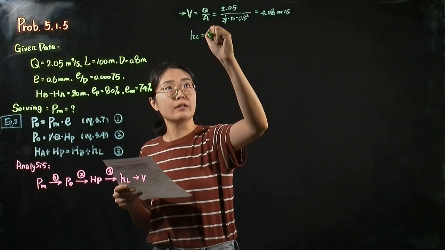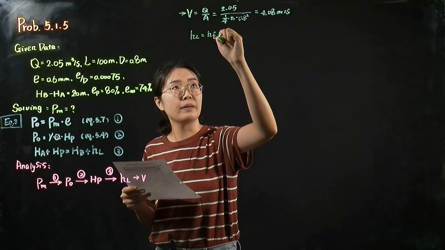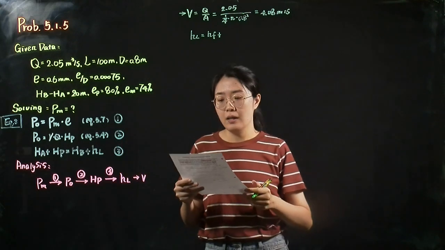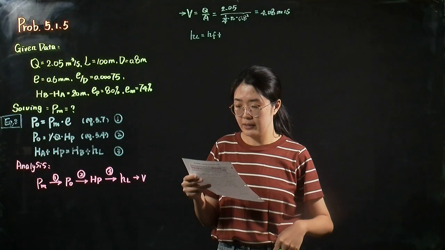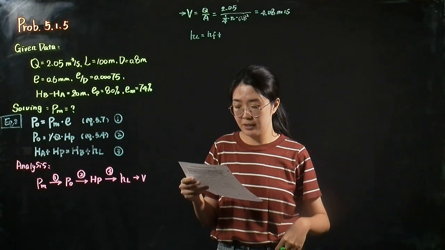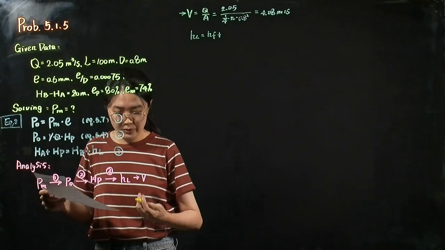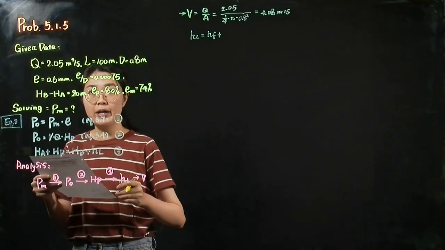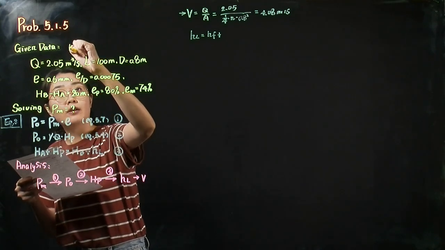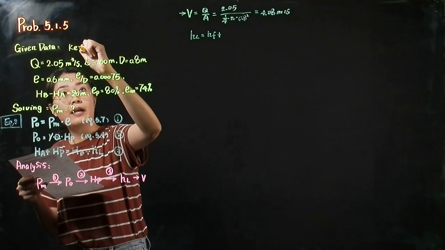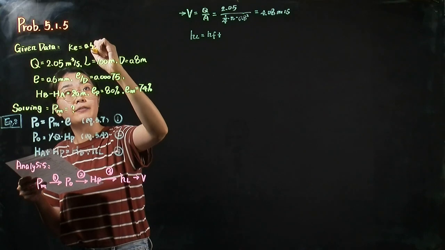The head loss equals the friction loss from point A to B plus the minor losses. Because this problem doesn't tell us that the minor losses can be negligible, we assume that there is a square-edged entrance. So the coefficient for the entrance equals 0.5.